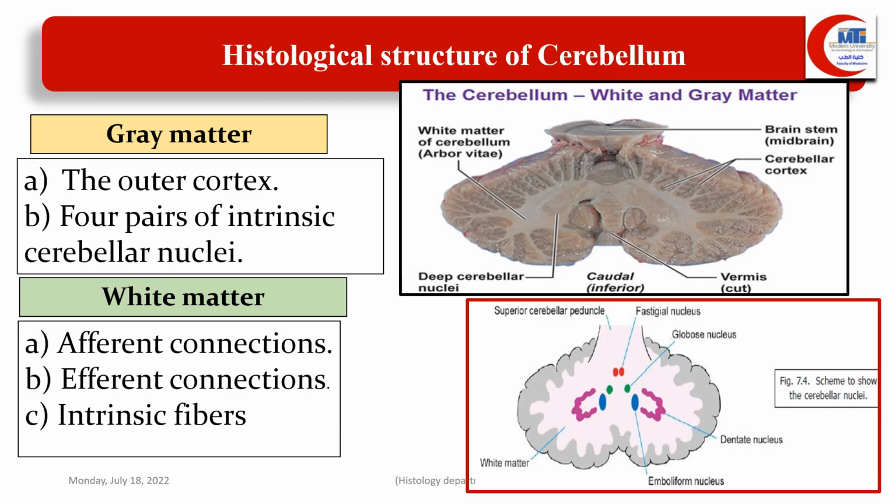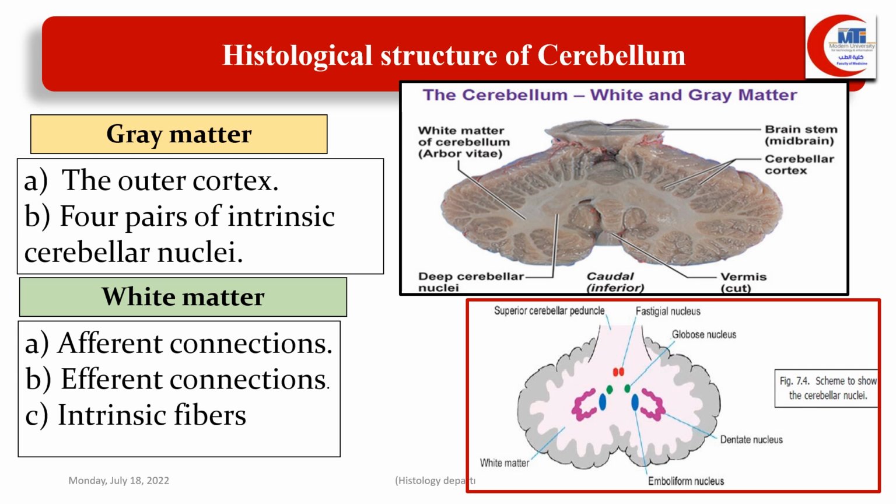As regards the histological structure of the cerebellum, you will know that there is gray matter and white matter as in the cerebrum, with gray matter present outside and white matter present inside. As regards the gray matter, it's formed of the outer cortex and 4 pairs of intrinsic cerebellar nuclei.